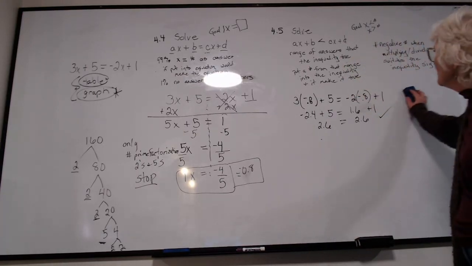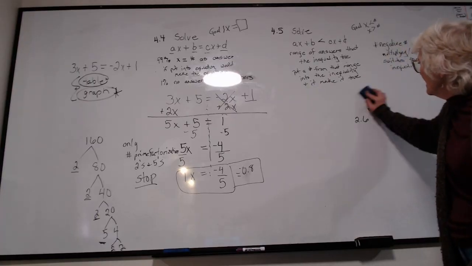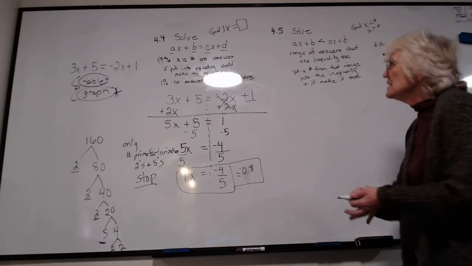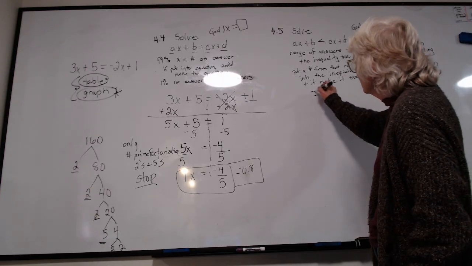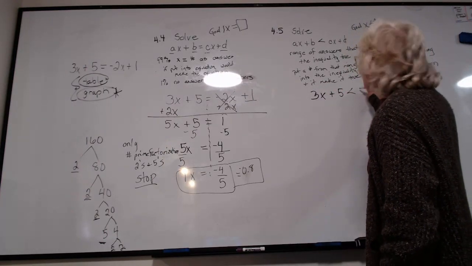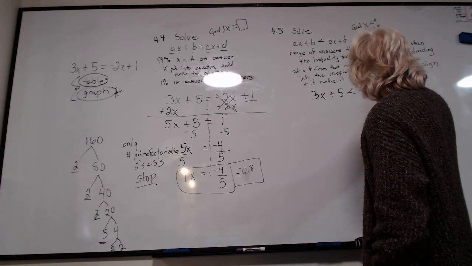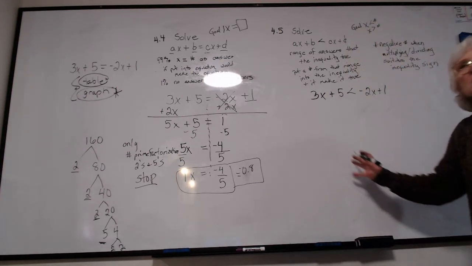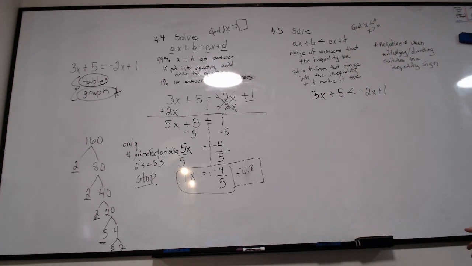It's not true of other ones. So in this one, if it was an inequality, 3x plus 5 is less than negative 2x plus 1, same idea. The only thing we have to ask ourselves is, each time we do something, did we multiply or divide by a negative? If we didn't, it's exactly the same.